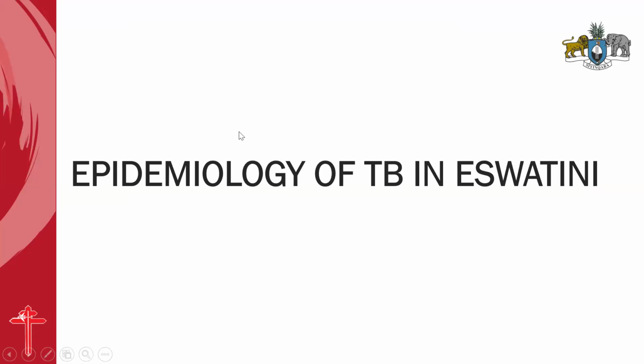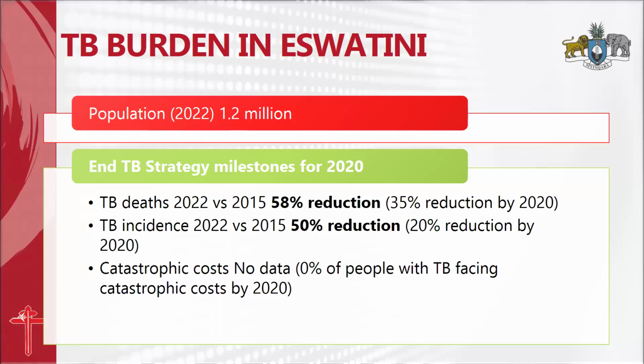Okay, then epidemiology of TB in Eswatini, which is our next slide. Our population in Eswatini is approximately 1.2 million. There was an NTB strategy targeted for 2020 with a target of a 35% reduction of TB by 2020.